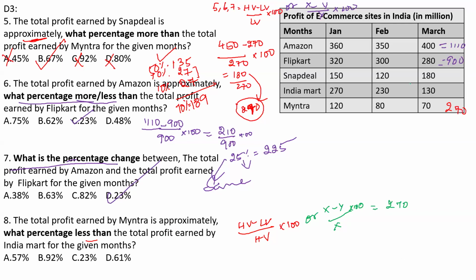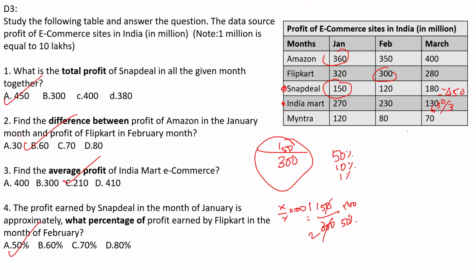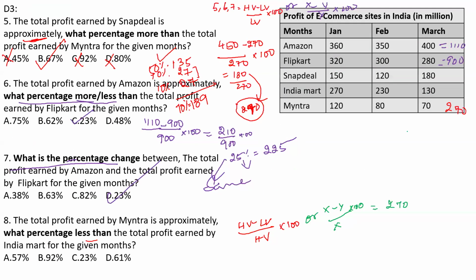And India Mart's total is what? India Mart's total would be 270, 230 and 130. We already found it in the previous question: 630. So x is the other value, y is 630.